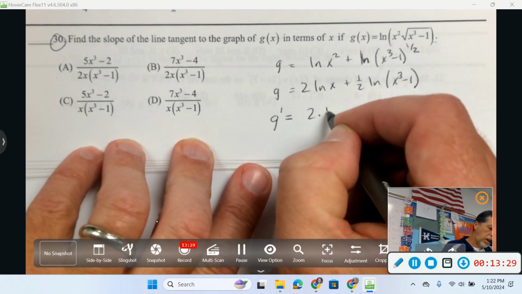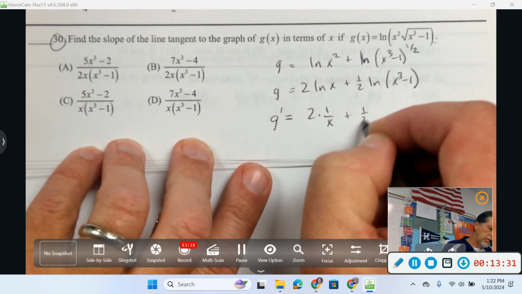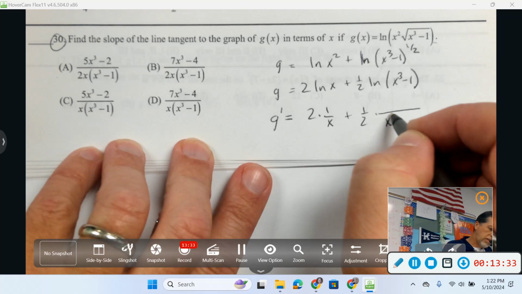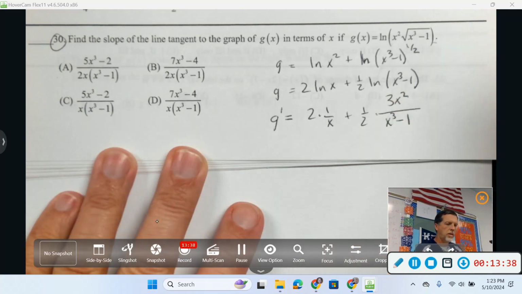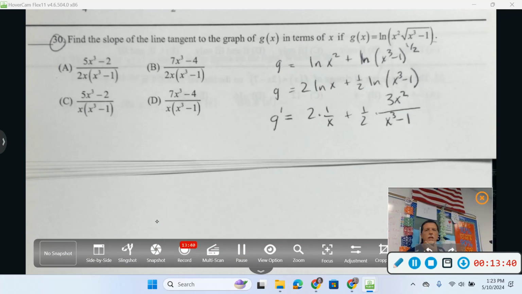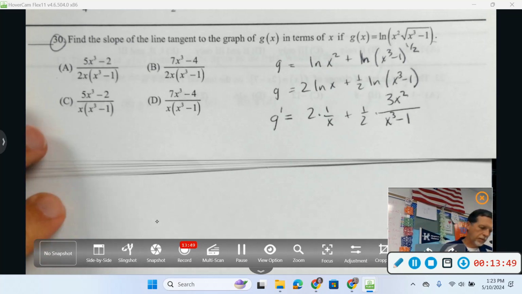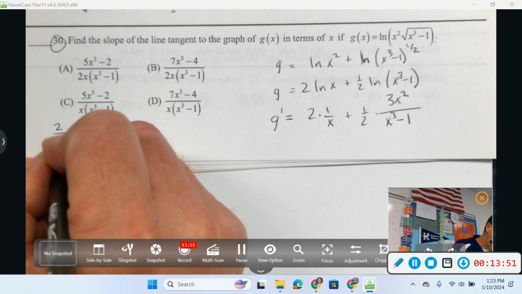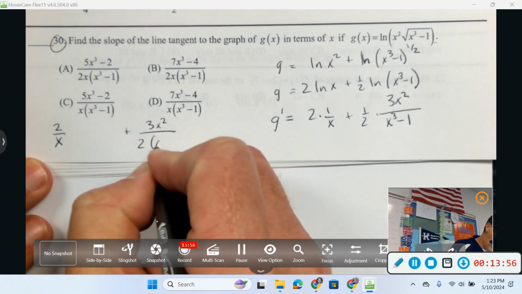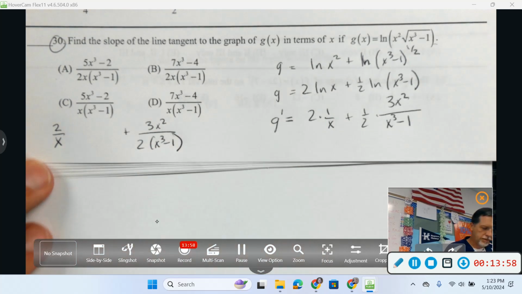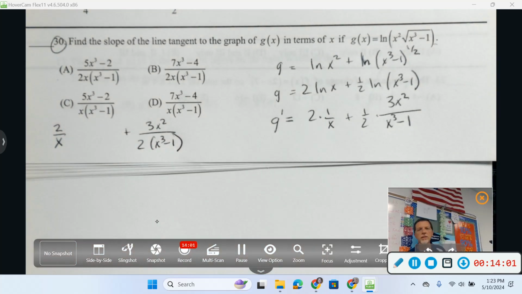So 2 times 1 over x plus 1/2. x cubed minus 1 in the bottom. 3x squared in the top. Done, but that doesn't look like my answer choices because I guess I need a common denominator. Algebra.